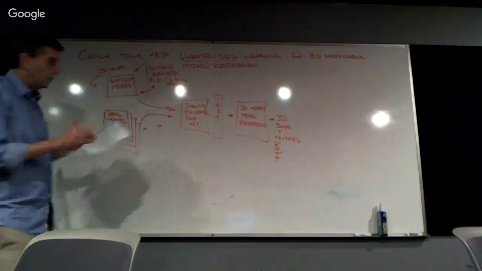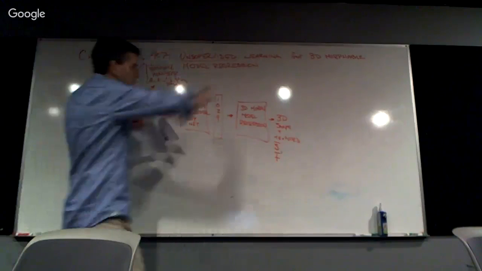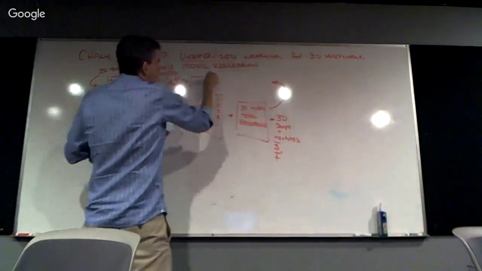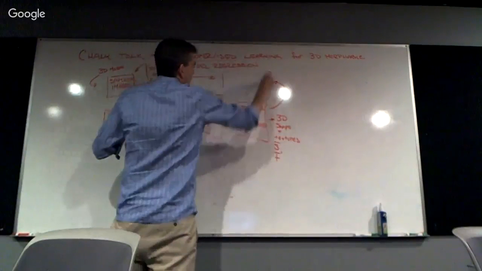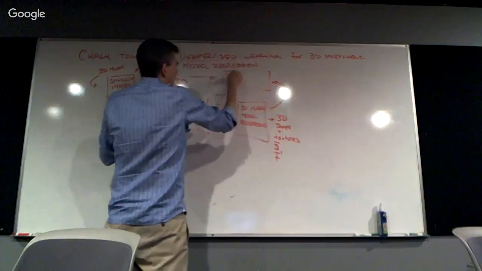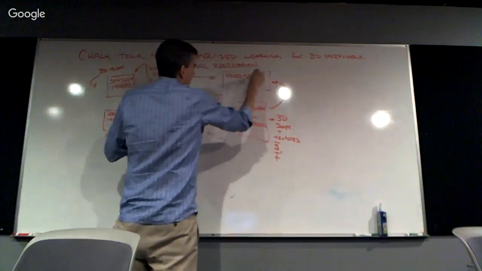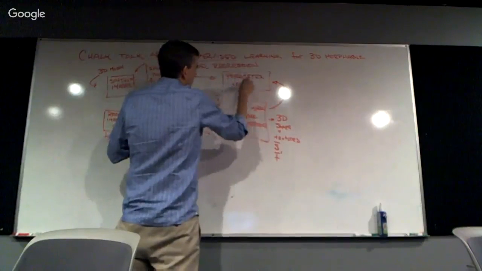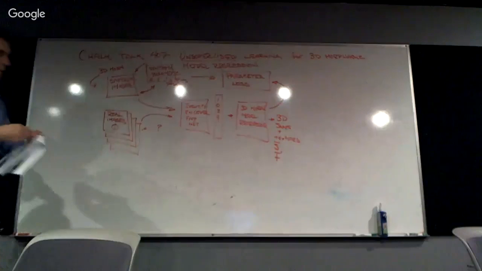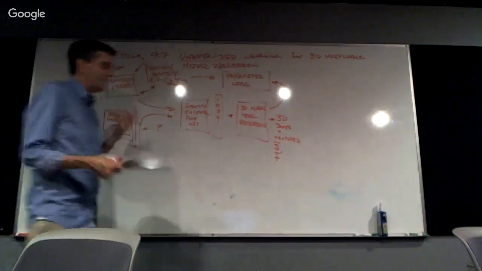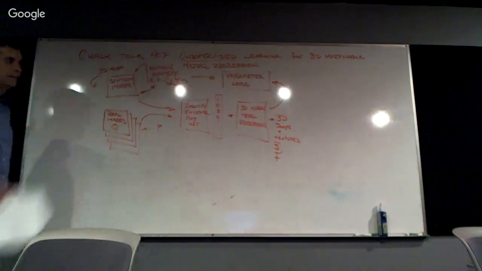Well, we can. With this right now, we can stop and put in a parameter loss. So say we're just starting this off, and we want our 3D morphable model regressor to start producing 3D shapes that are kind of like the image.